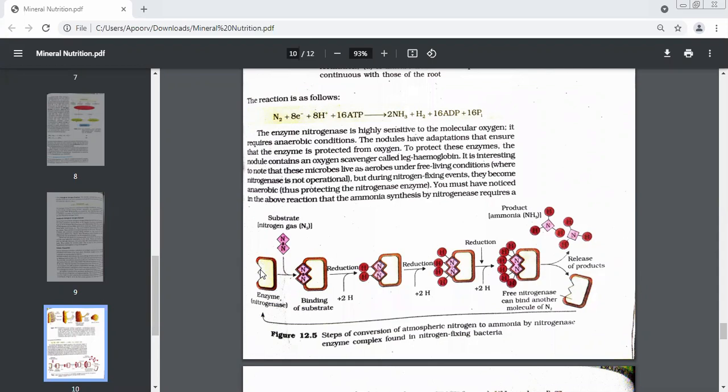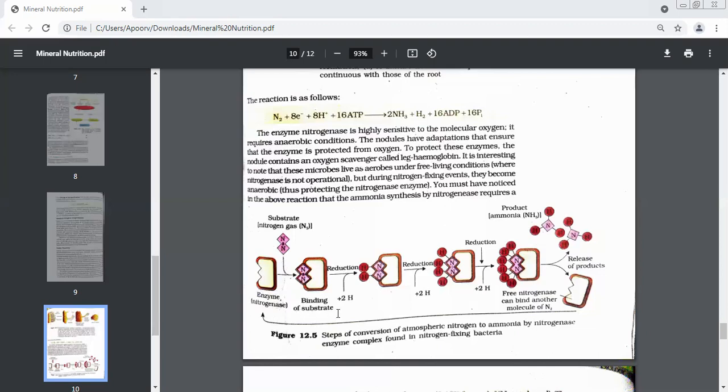Binding site. Whatever comes and binds over here is known as substrate. Whatever substance comes and binds at the binding site of an enzyme is called a substrate. So here your substrate is a molecule of nitrogen. It will come and bind here, N and N.